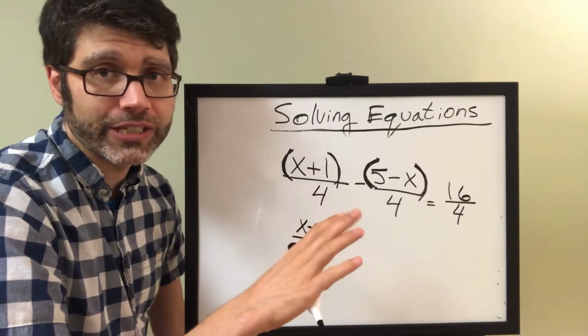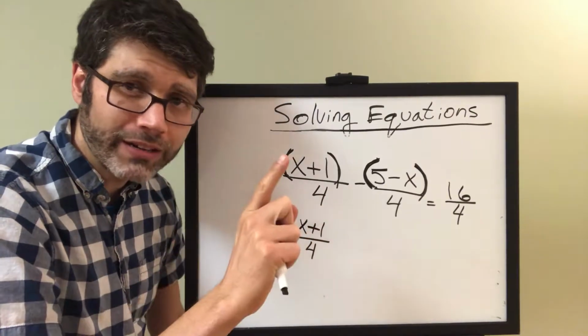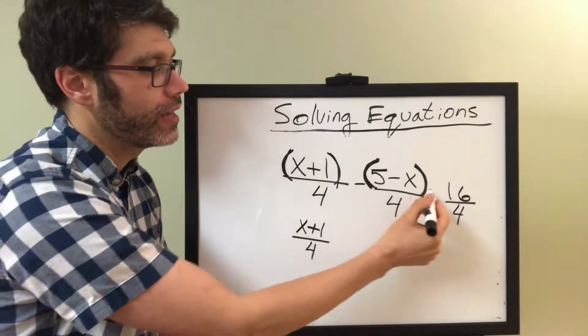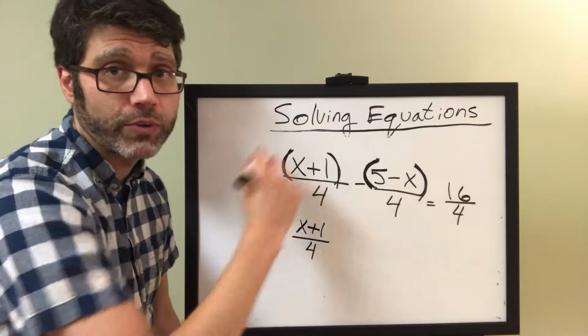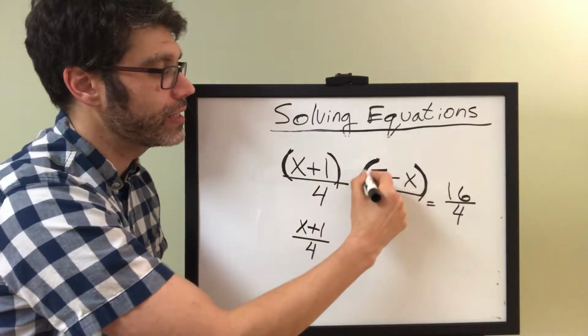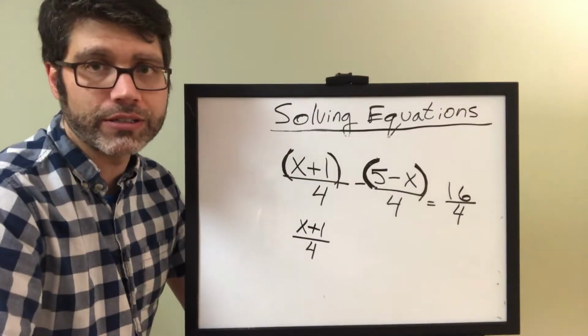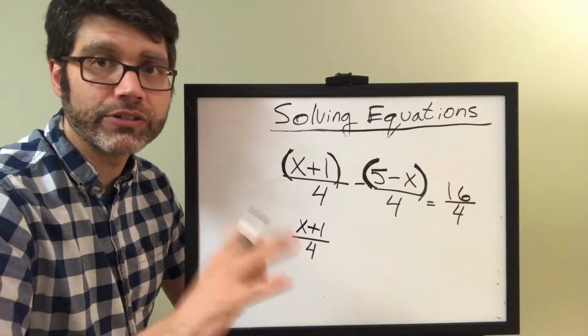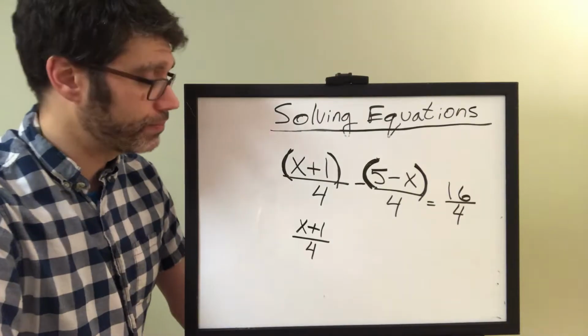So the very first thing, step number 1, is if you see more than one term in a numerator, put the entire numerator in parentheses. Step number 1, just do it right away, just like putting your seatbelt on is the first thing you do when you get in a car.